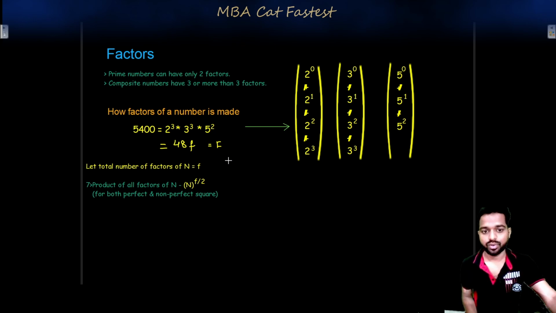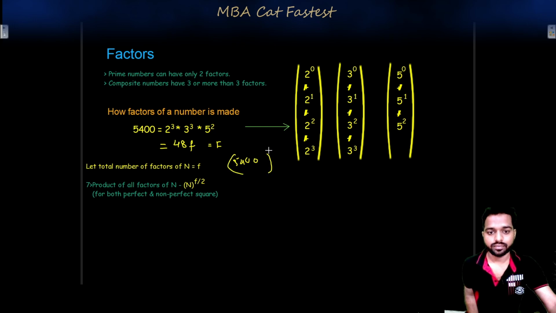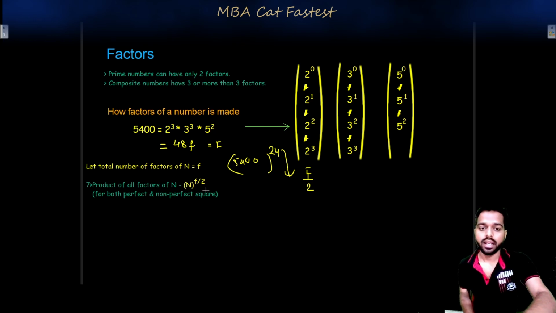So the answer to this question will directly be equal to 5400 to the power 24. What we have done here is we have just halved the total number of factors we had in our hand. So this is what is written over here: product of all factors of n is n to the power f by 2.